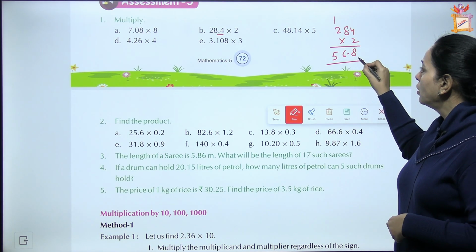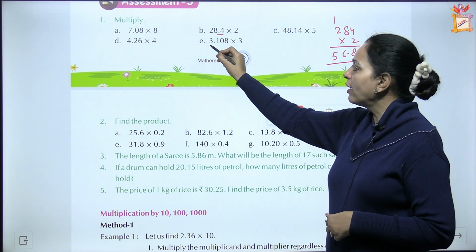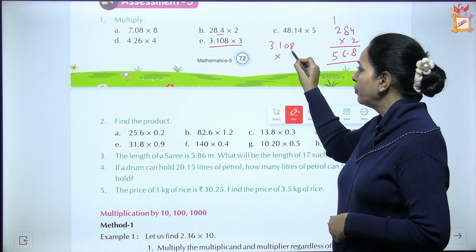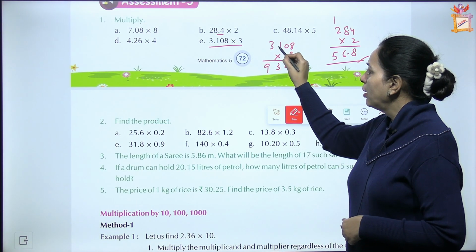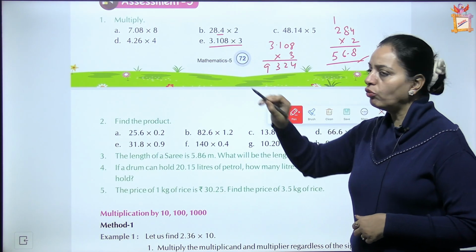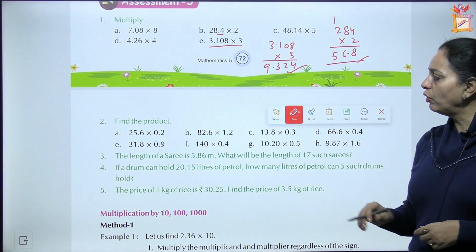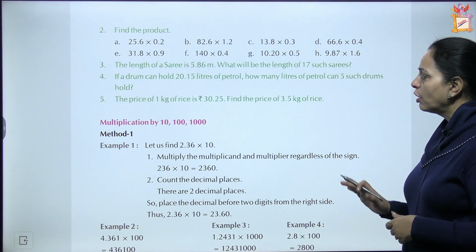So this is the answer 56.8. Like E part 3.108 multiplied by 3. So simply multiply. Now here the decimal is before 3 digits. So 1, 2, 3, answer is 9.324. So very interesting.